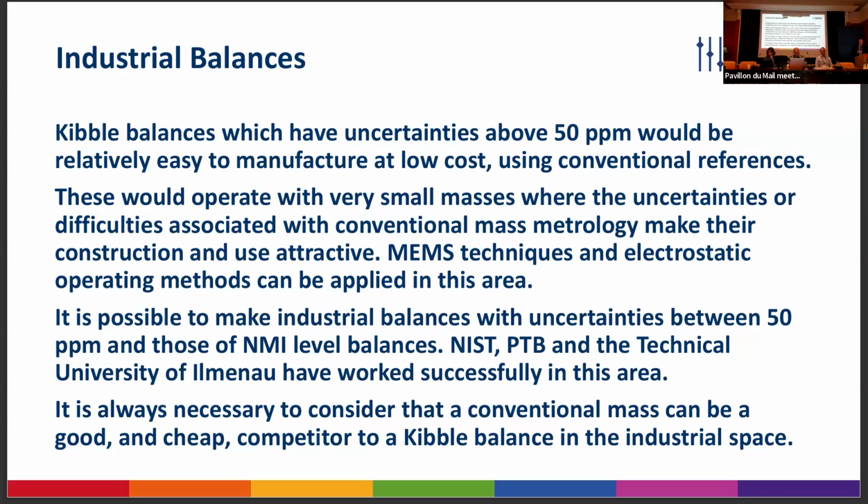And if you're going for industrial use, it's very difficult to tell an industrialist they need to calibrate this voltage source every hour. Every few years they'll be happy with; even every few days is probably not going to happen.